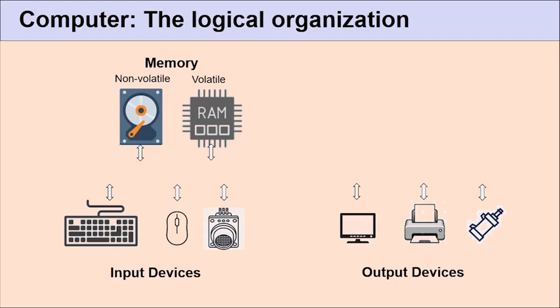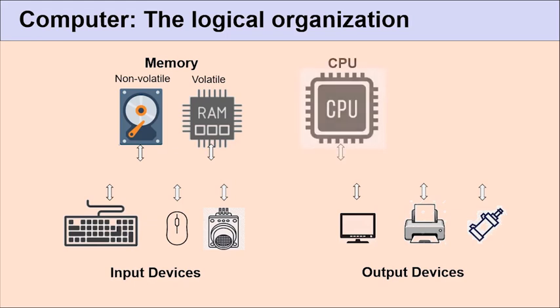Now we have a mechanism of getting data into the computer, getting the results out of the computer, as well as keeping data inside the computer. Where do they get processed? For that purpose, we have another component, what we call the central processing unit. As the name implies, the central processing unit is central for all data processing activities that happen inside the computer.